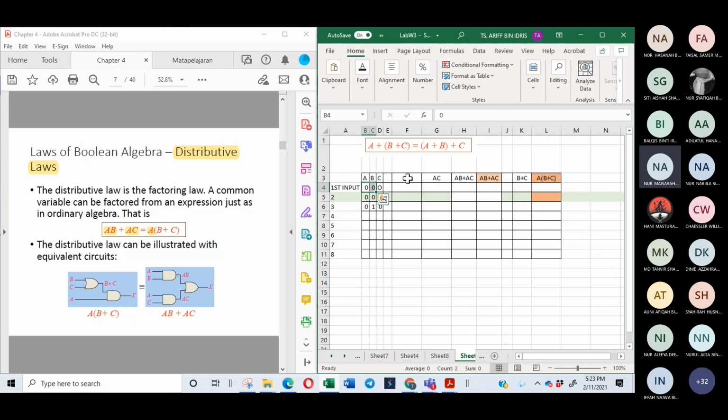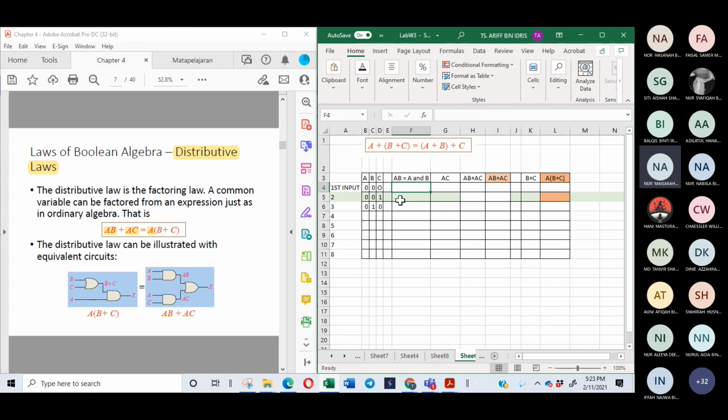What does AB mean? AB means A and B. So AB is equivalent to A and B.